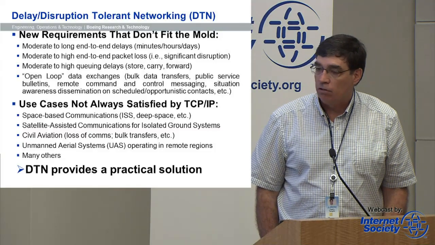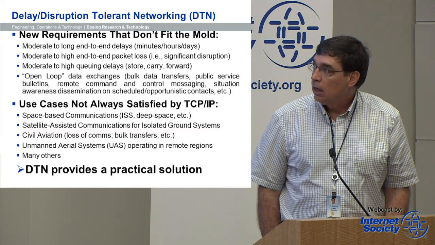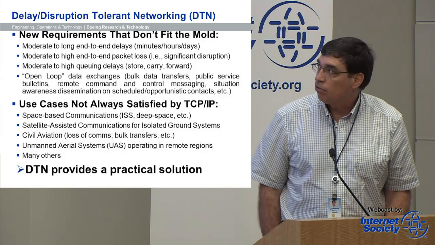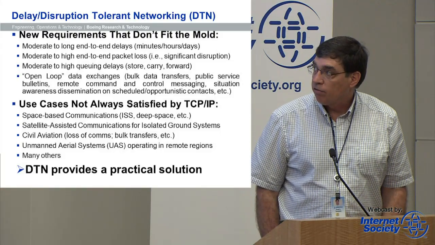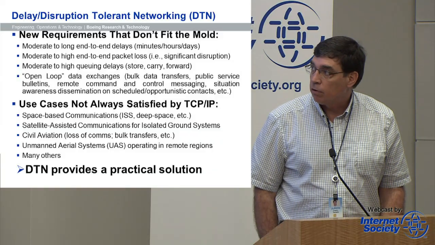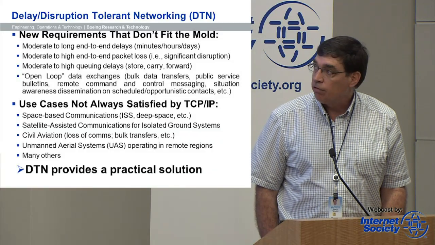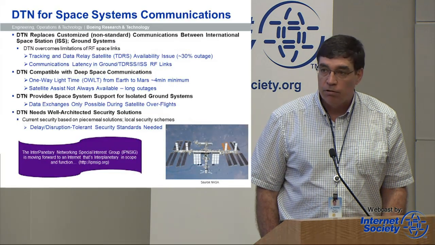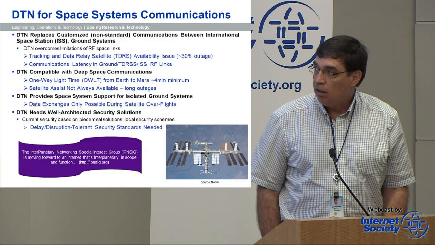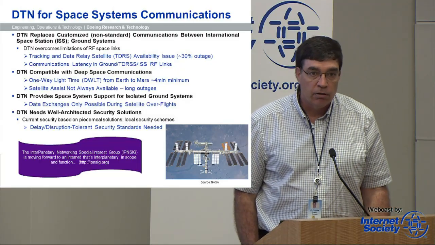We have use cases such as space-based communications, satellite-assisted communications for ground stations, civil aviation, where we might have loss of comms and need to do bulk transfers, unmanned aerial systems operating in remote regions, and many other emerging use cases that we've seen. And DTN provides a practical solution for this.